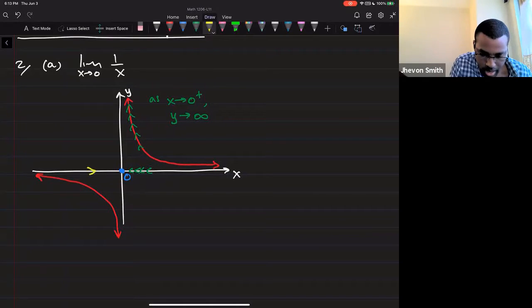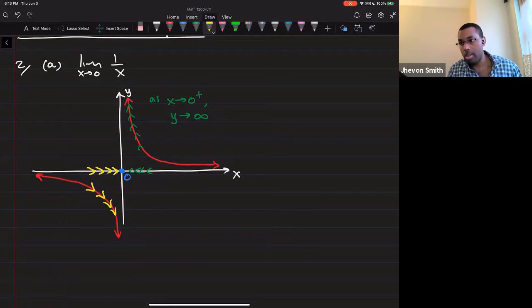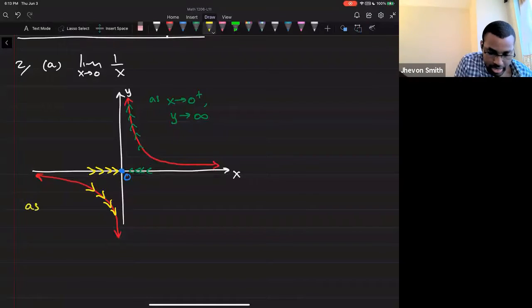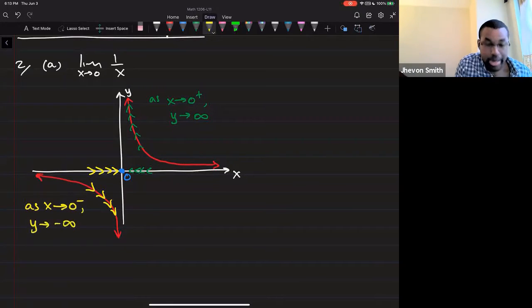On the other side, if we're approaching 0, then we're on this side of the function here. And you'll notice that your corresponding y values are just getting smaller and smaller and smaller in the sense that they're getting more and more negative. So here we can see that as our x gets close to 0 from the left side, our y value gets closer and closer to negative infinity.